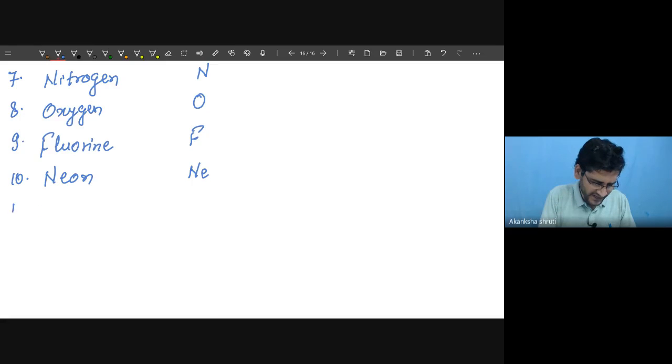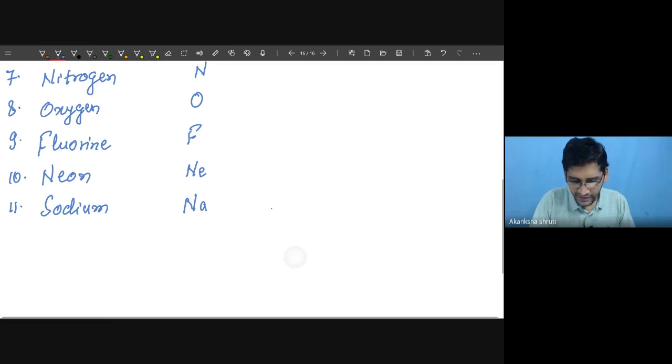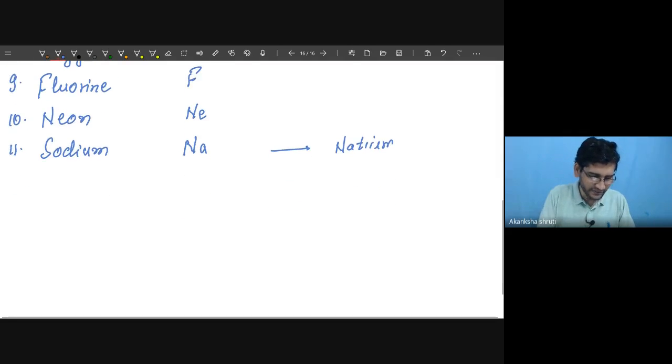The 11th one, sodium. The symbol is different from S or So. It is denoted as Na because its Latin name is natrium. I will write the Latin name whenever required. After the 11th, the 12th one is our magnesium.